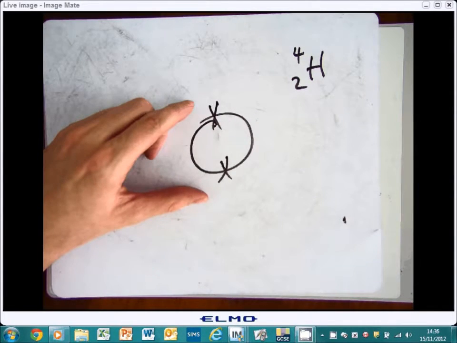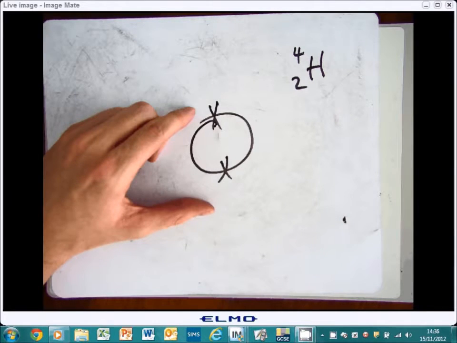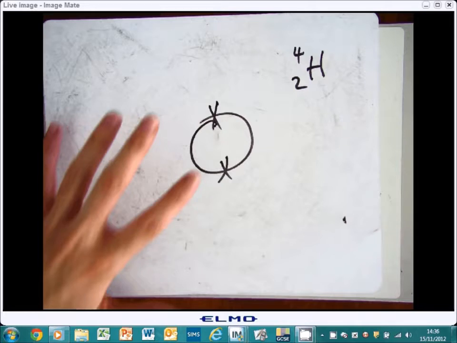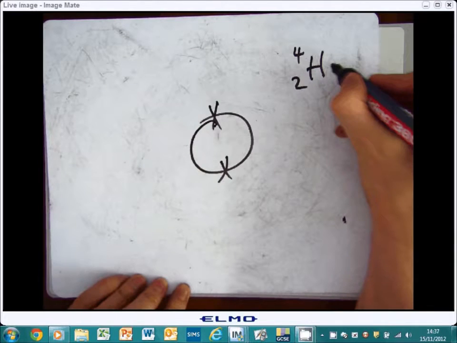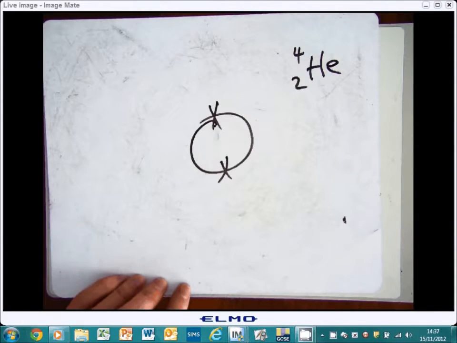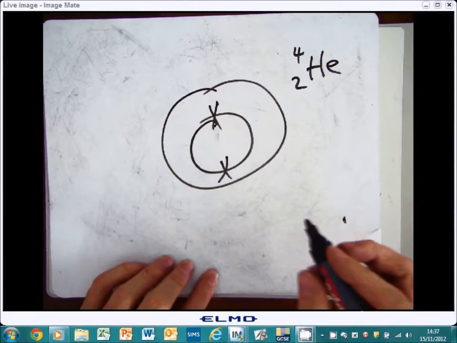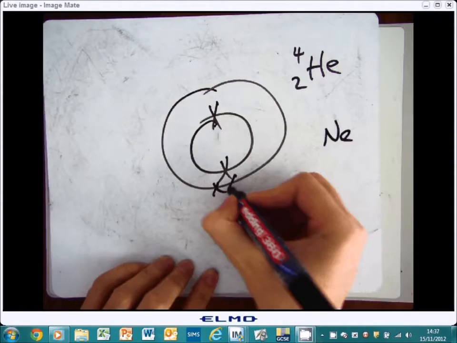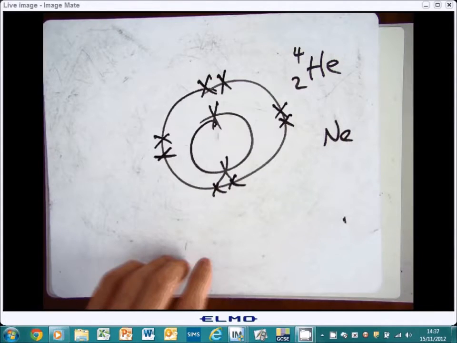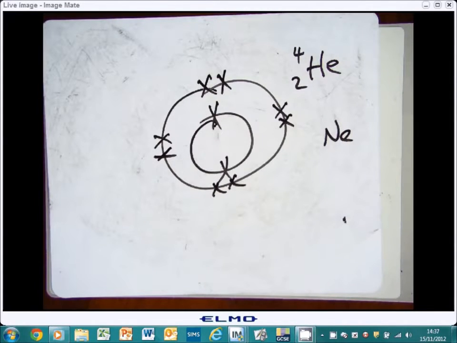The difference is it has a full outer shell. It is stable. And when we talk about ionic bonding and covalent bonding, you will understand what that means. So helium has a full outer shell. So does neon. So it's called group 0, the unreactive group, because it has a full outer shell of electrons.